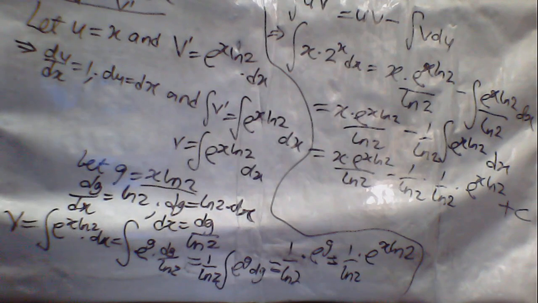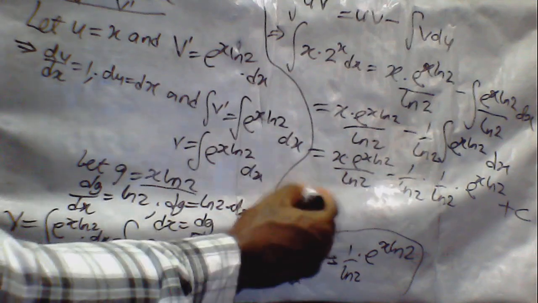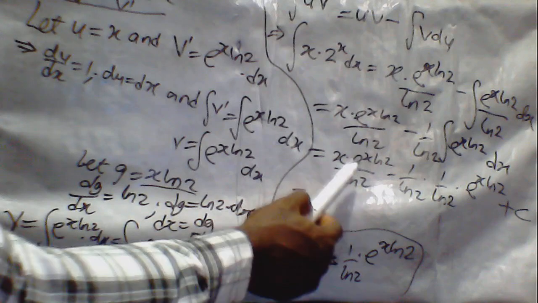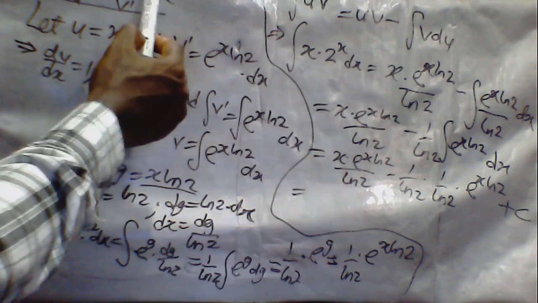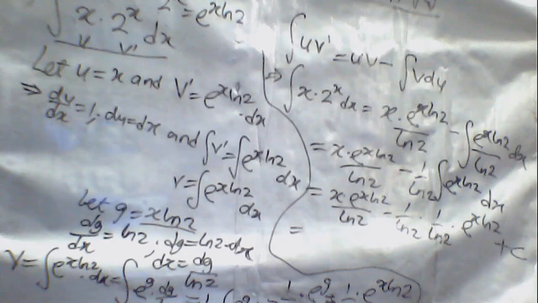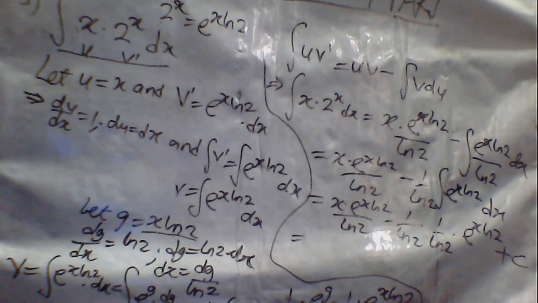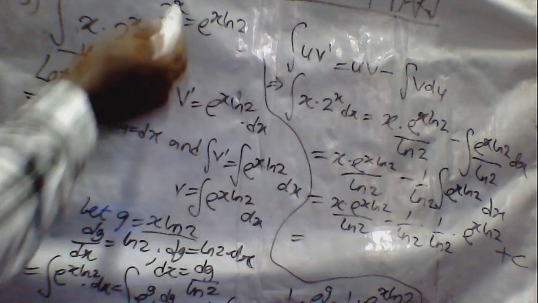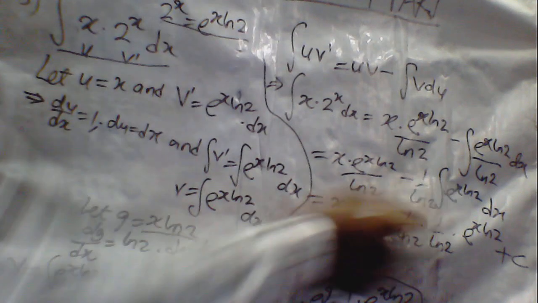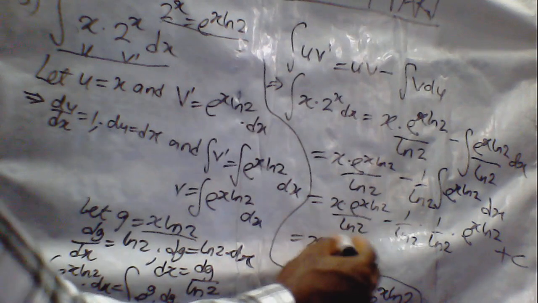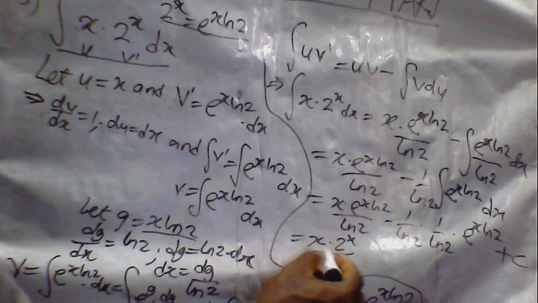So from here we can now substitute all the values we have gotten before. Remember, we have to convert this back to its formula. Having arrived here, we know that e raised to the power s ln 2 is equal to 2 raised to the power s. So substitute it here to get s dot 2 raised to the power s divided by ln 2.